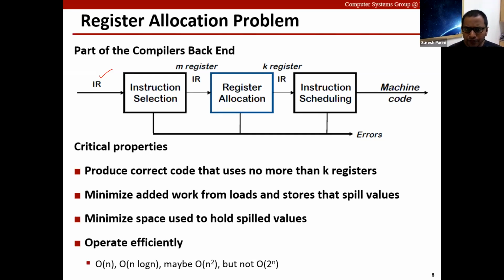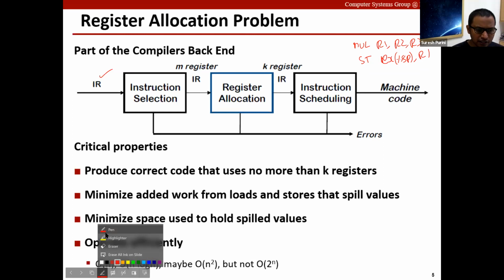We will not see instruction scheduling in this class, but broadly speaking, for example, if you have an instruction like multiply R1, R2, R3, and then something like store the contents of register R1 at some offset from SP. So you want to store the contents of register R1 in some memory location.